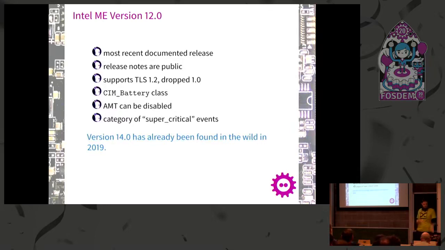Recently, just at Chaos Communication Congress, we found a laptop which also has version 14, but that's not in the archives anywhere so far. At least I haven't found anything. So it kind of stops at version 12, which allows you to deactivate this management technology. That's maybe for corporate versions where you may need to disable this to secure your platforms more.